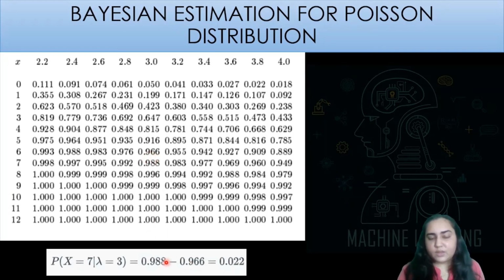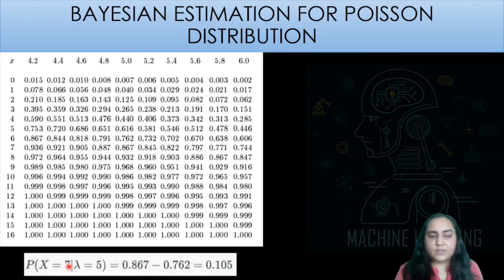So subtract that because it is cumulative. We don't want values for everything from 0 to 7. We just want 7. If we wanted everything from 0 to 7, it would be 0.988. But since we just want 7, we are going to subtract the previous value and get 0.022, which is this value, x equal to 7 given lambda equal to 3.